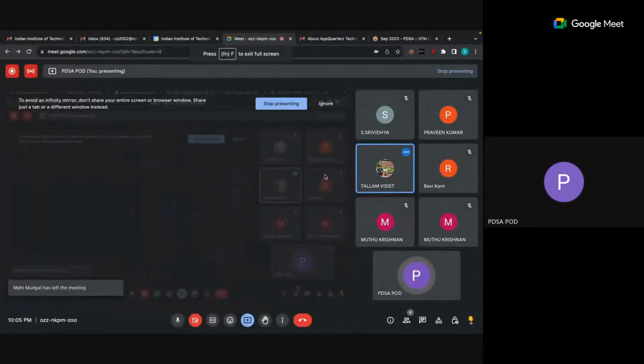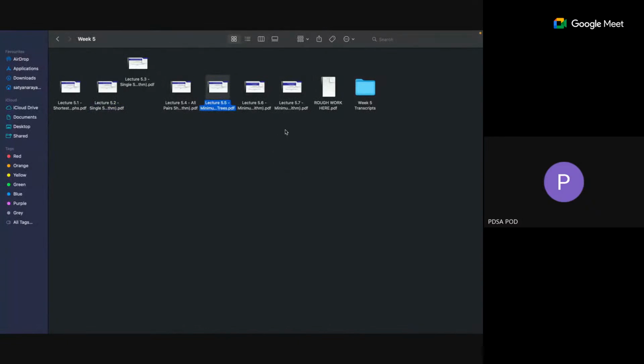Yes, okay. So shall I go for the next then? There are two strategies, Prim's and Kruskal's. So we are going for Prim's first.